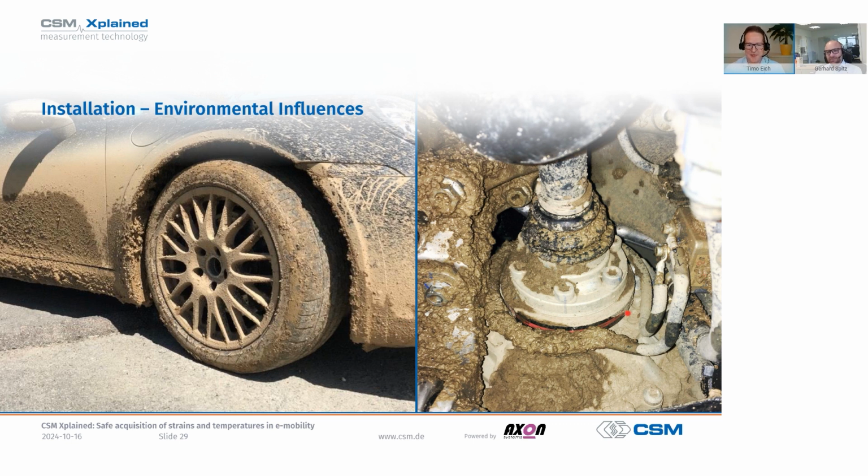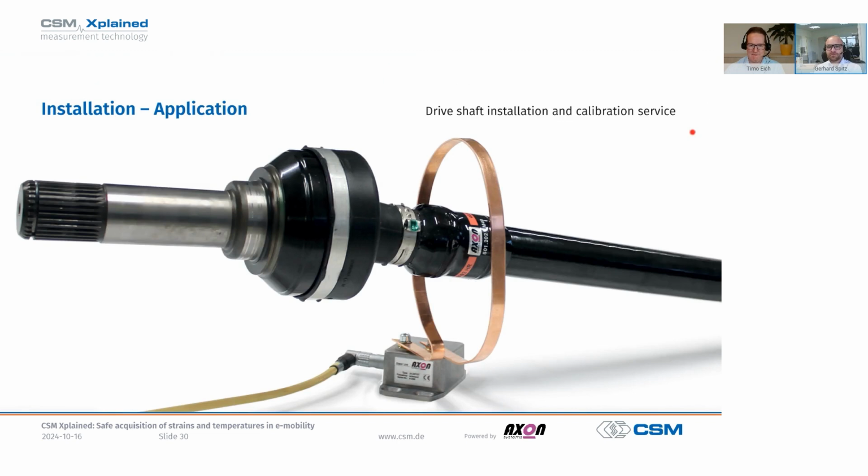Okay. So Gerhard, as a customer, can I install and fit all of this telemetry system myself, or can I get some help from AXON if I'm not the pro that I should be for telemetry systems? You can. At AXON, you can have the full spectrum. You can just order your own telemetry system. It comes with a manual.